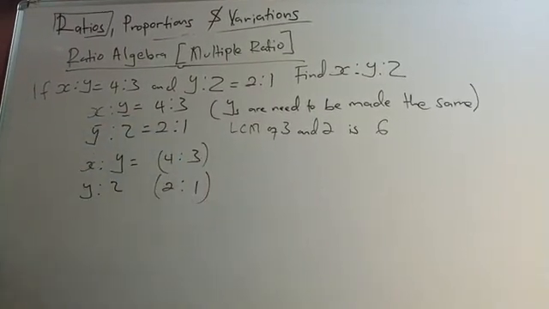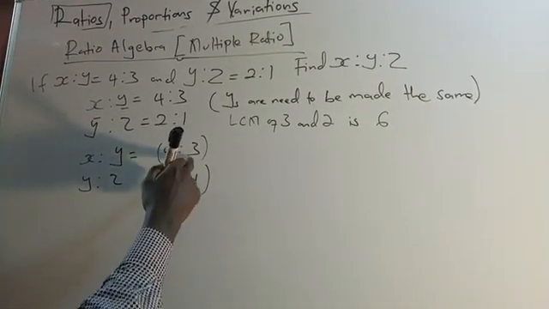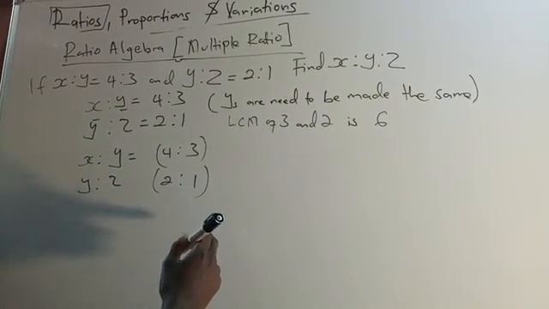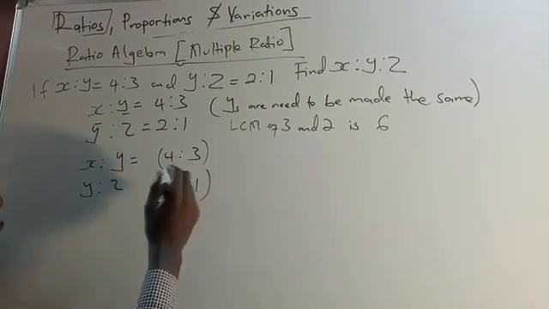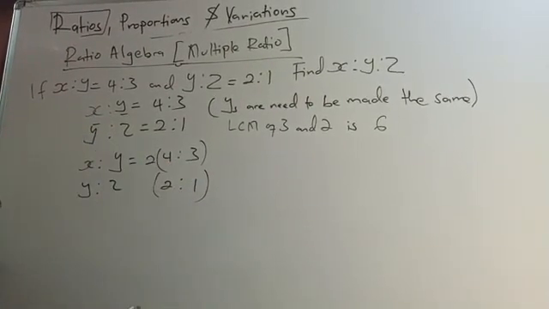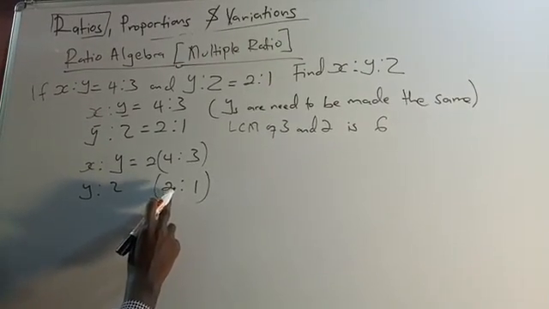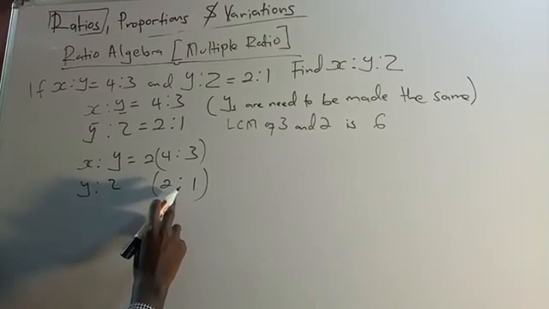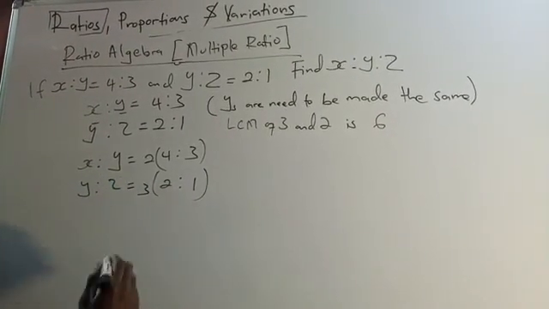In order to make 3 to 6, we are going to multiply by 2, and here to make 2 equal to 6, we multiply with 3.